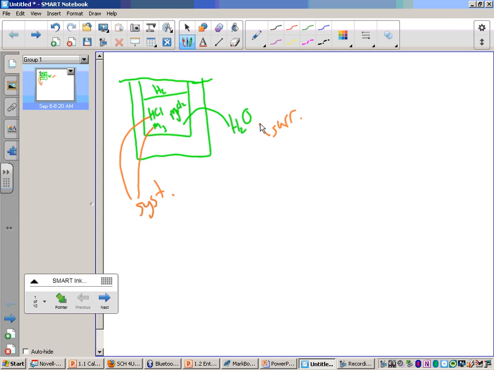Excellent, all right? And then we've got what I would call the surrounding surroundings. The surrounding surroundings would be the rest of the furniture in the laboratory, and the people and the air, and our styrofoam cup, our isolated system, hopefully keeps the surroundings away from our chemical system so we can study it, all right? So that's the whole purpose of doing it.